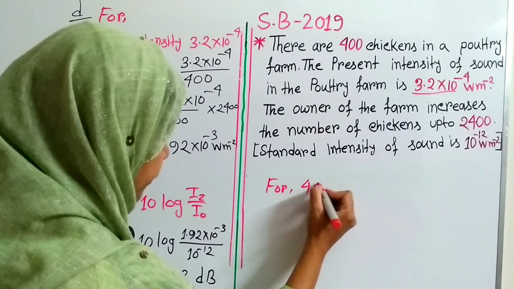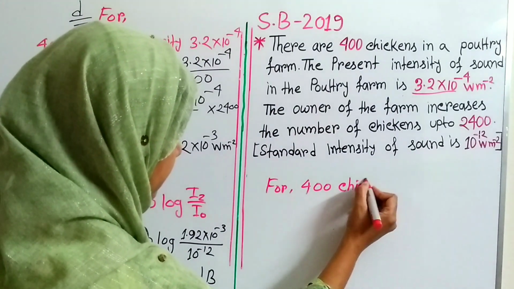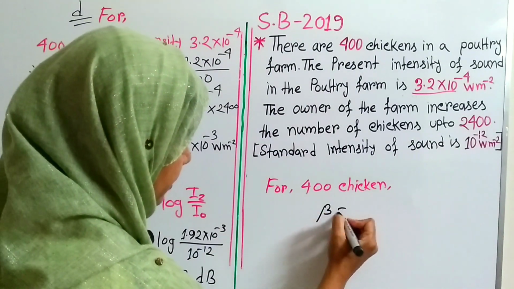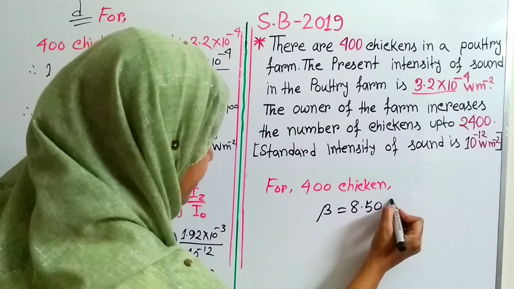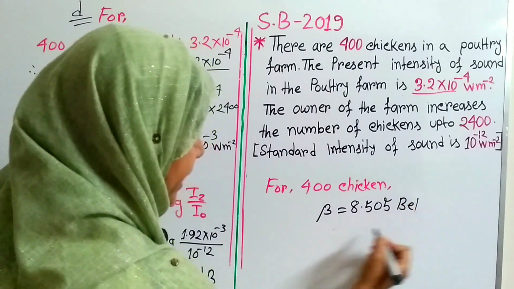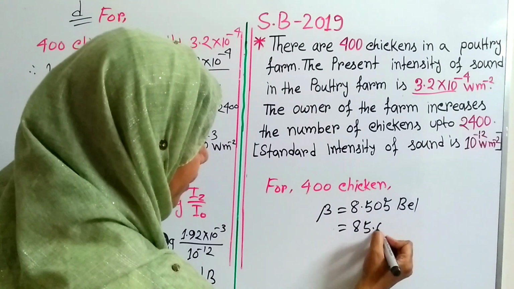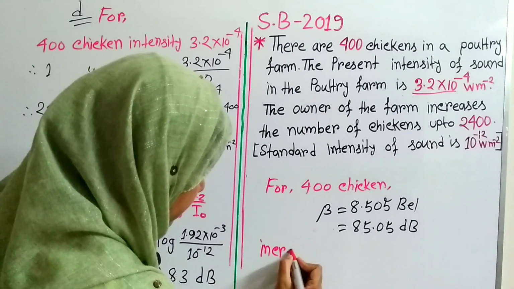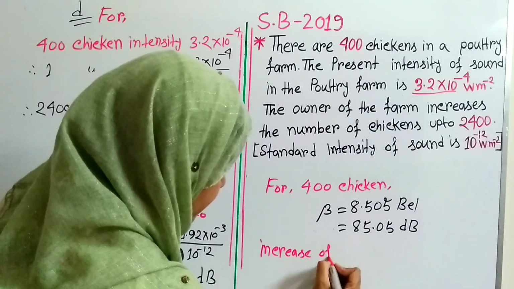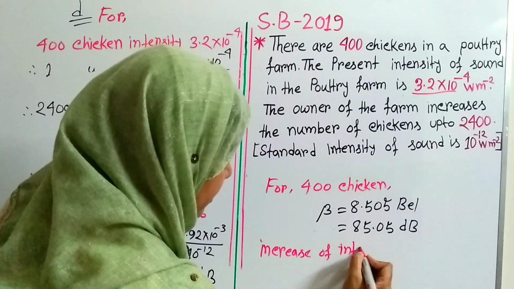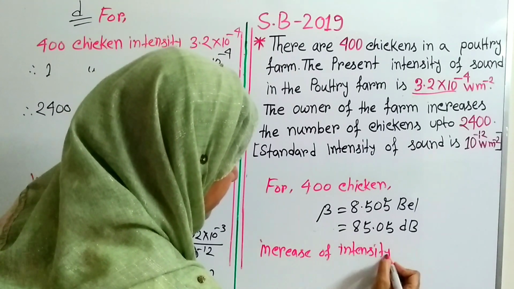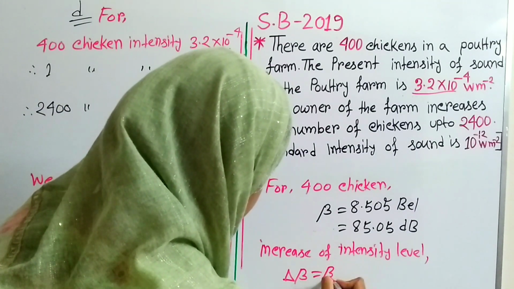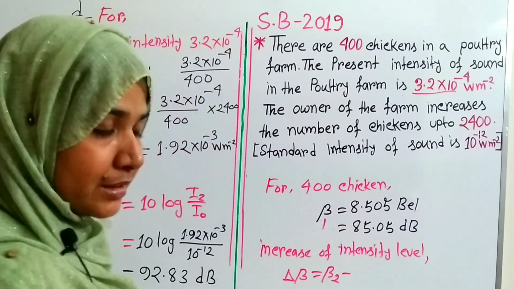Now for 400 chicken, we get the value of beta is 8.505 bel or 85.05 decibel. So we can consider that the increase of intensity level, that is del beta, is beta 2 minus beta 1.